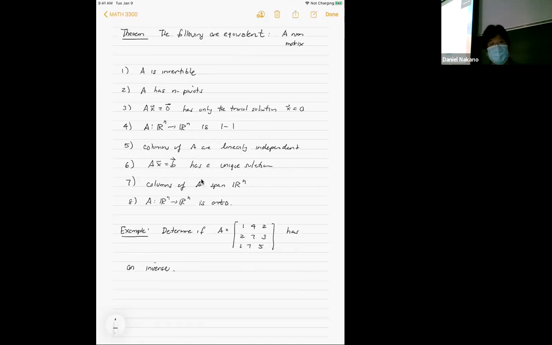So I want to know whether this matrix is invertible or not. Now I could try to find an inverse for it, but is there an easy way to check whether it has an inverse?